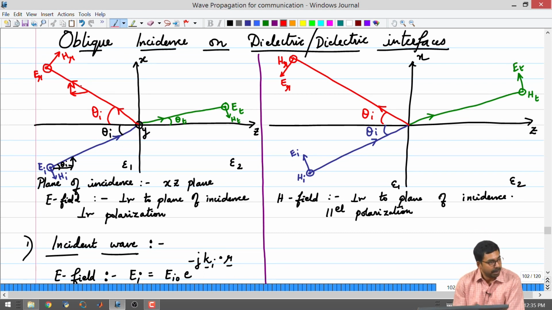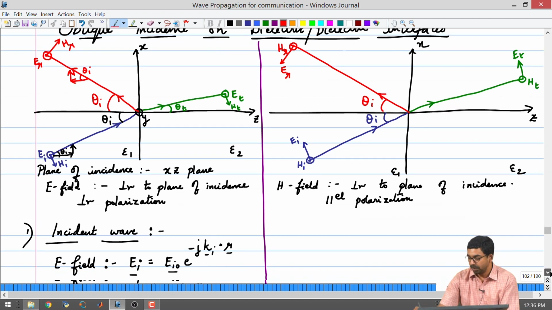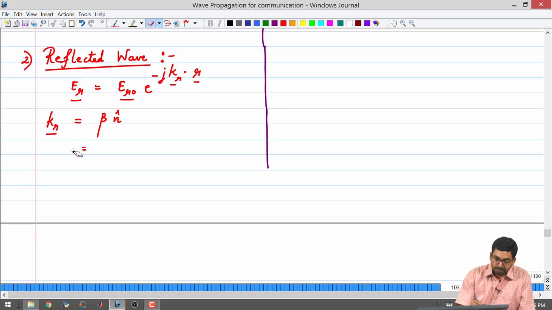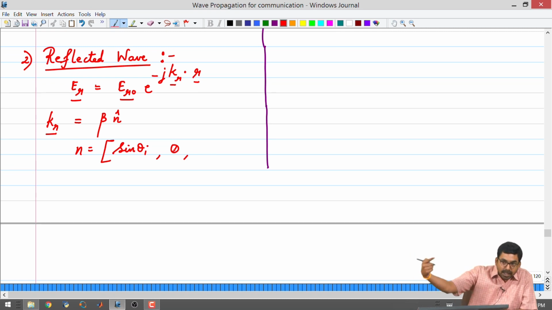Once again I can use trigonometry. I can mark the angle to be equal to theta I here, and the same configuration here, so that is also theta I. I can write down the values of sine and cosine of theta I, and write down what n x and n z are. In this case n x will look like sine theta I. I will write down the components: sine theta I, the y component is 0, and the z component however is going in the other direction.